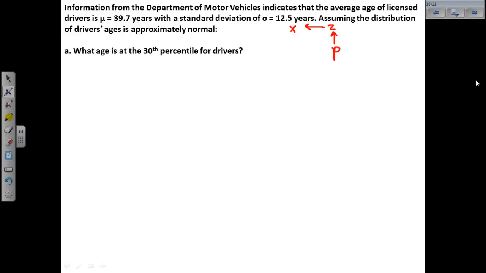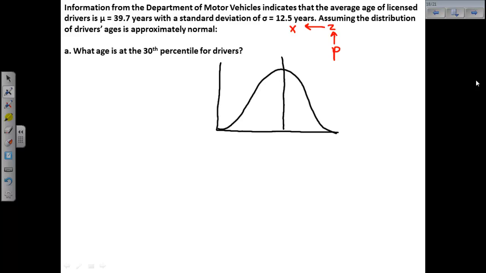So 30th percentile, if we draw that out, remember 30th percentile represents the bottom 30%. So the bottom 30% would look roughly like this. And if we turn 30th percentile into a proportion, we have p equals 0.30.